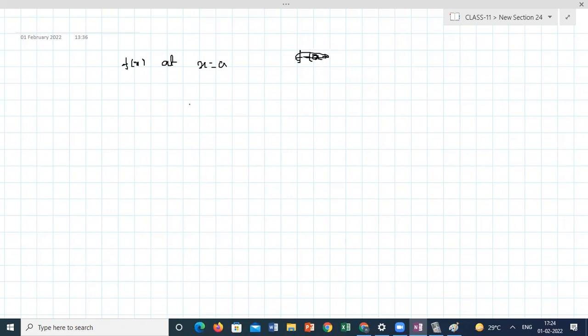That means for x is equal to a, limit h tends to 0, f of a plus h minus f of a divided by h.